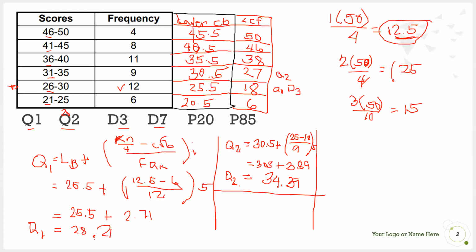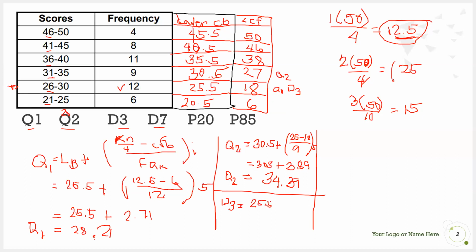Si D3. So, ganun po ulit tayo. Ano lower cumulative frequency ng D3? 25.5. That's correct.